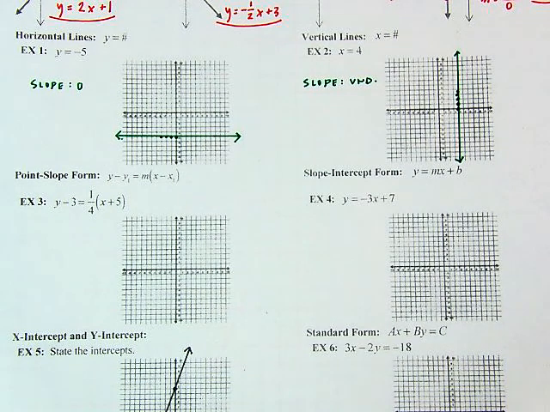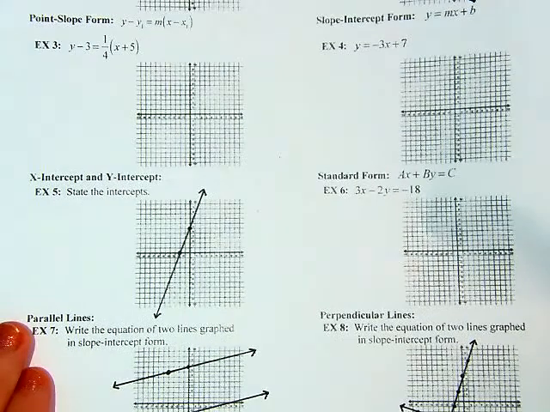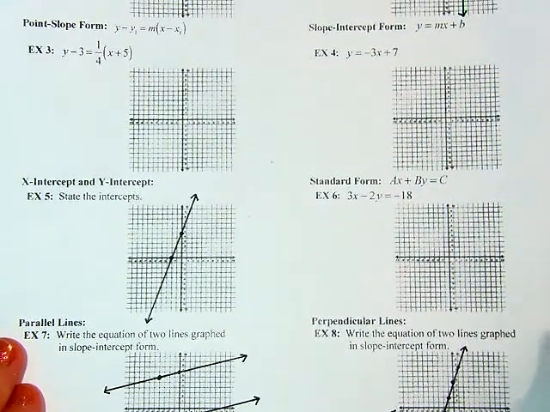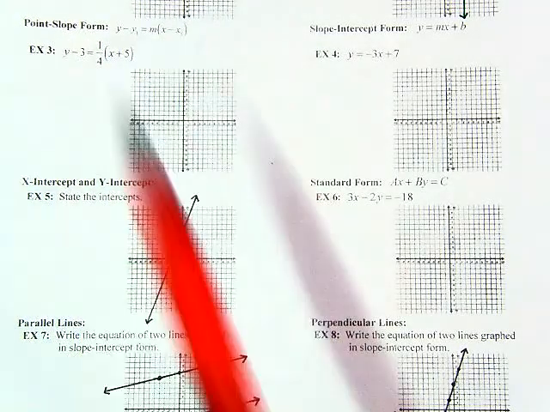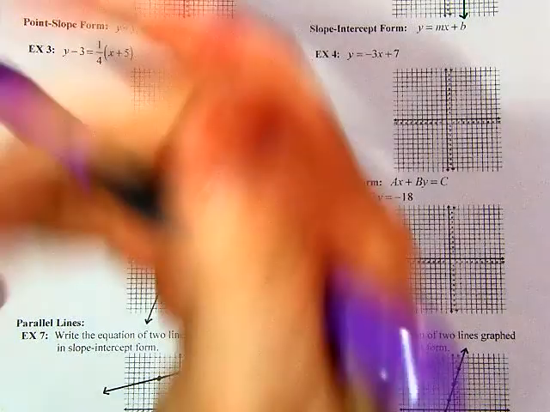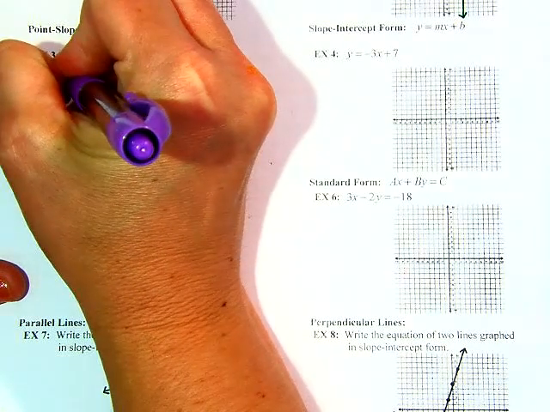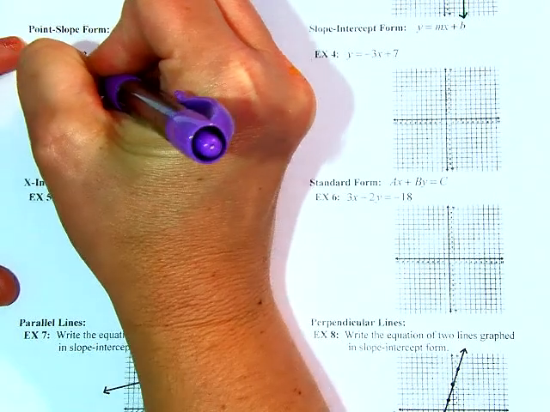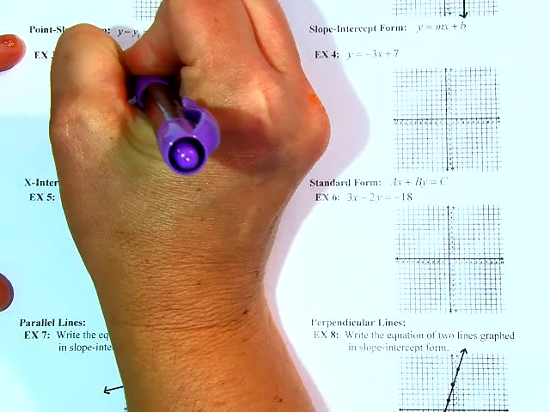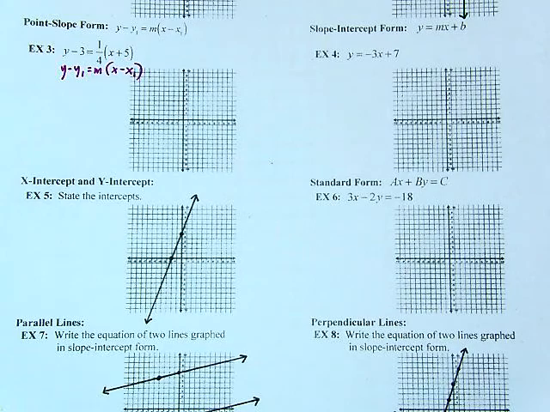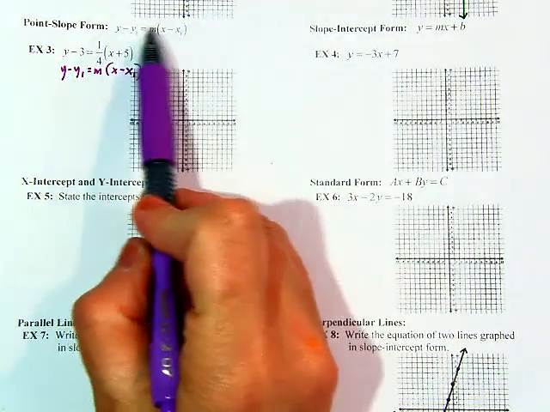All right, next up. So here I have point-slope form. So if I write that format underneath, you have it right here as well. I'm looking at y minus y1 equals m times x minus x1. So there's my format for point-slope, and I have that right here as well.